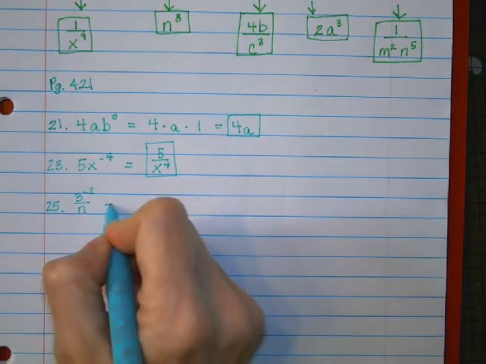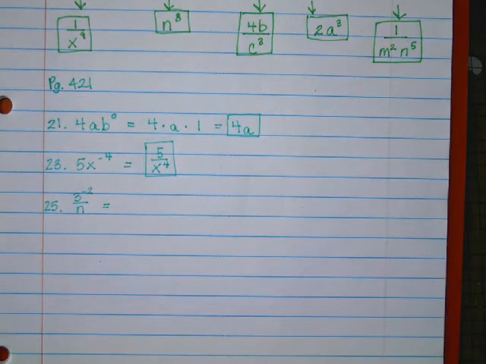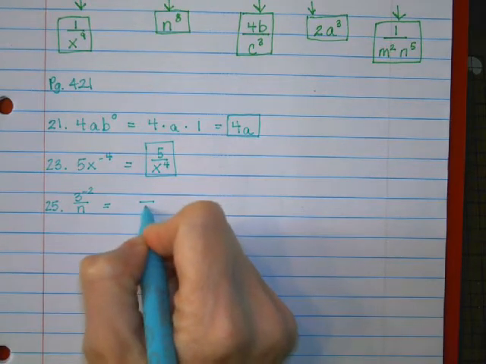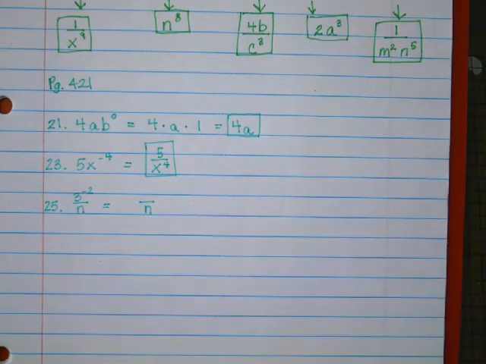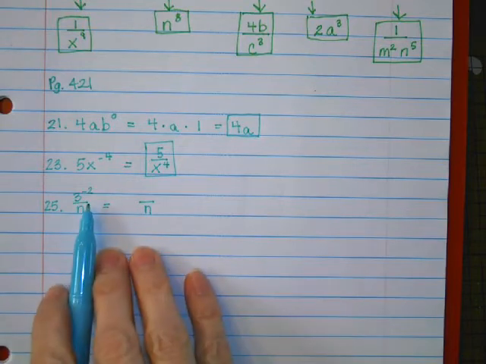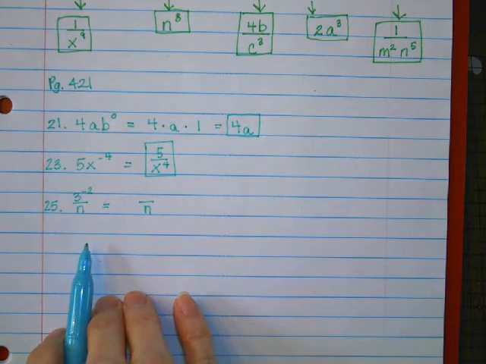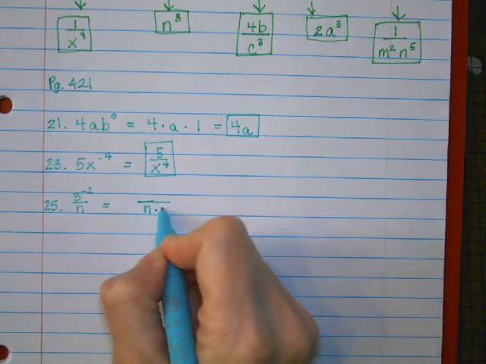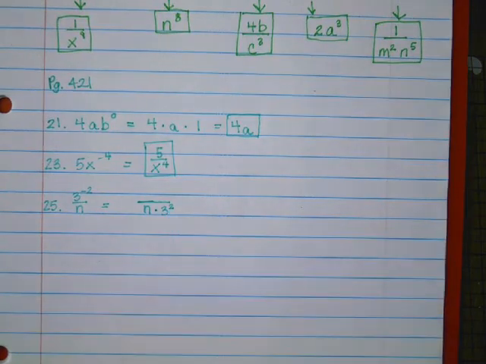Okay, so remember, anything that has a positive exponent, we want to leave it exactly where it is. So I'm going to leave that n right here. I'm not going to mess with that n. But this 3 has a negative exponent. So I've got to move it to the denominator. So now I'm going to put this, my line a little bit longer. So times 3 to the 2nd power.